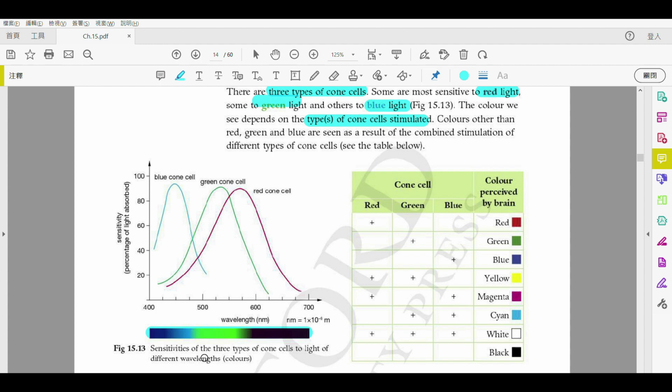You will know this better if you study physics. Okay, 咁佢就有唔同嘅 wavelength 啦 and then different wavelength of the light will stimulate different cone cells. For example, blue cone cells works better here in this range, and then red cone cells works better in this range. Okay, so different wavelengths of the light.